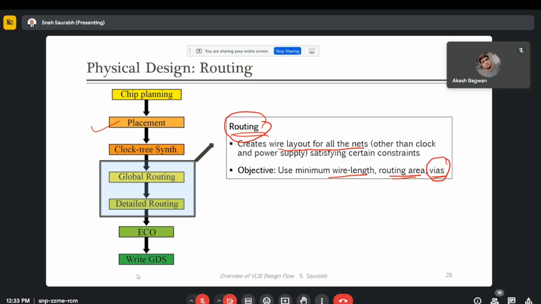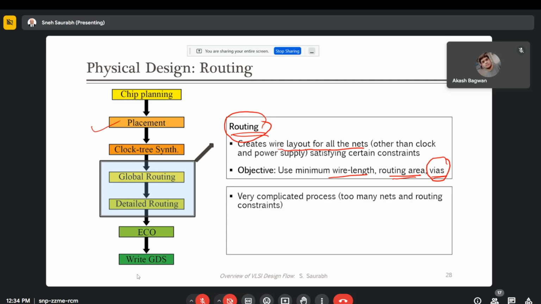They can also have problems of yield because vias are structurally very small, and therefore during fabrication or even during use there can be via failures. Therefore we want the number of vias in our design to be minimized. Also, vias have more delay, therefore we want to reduce the number of vias in our design. So these are the objectives during routing.